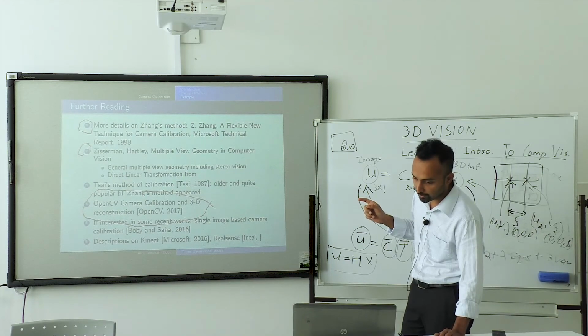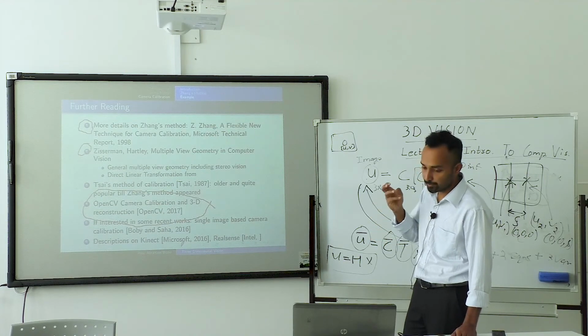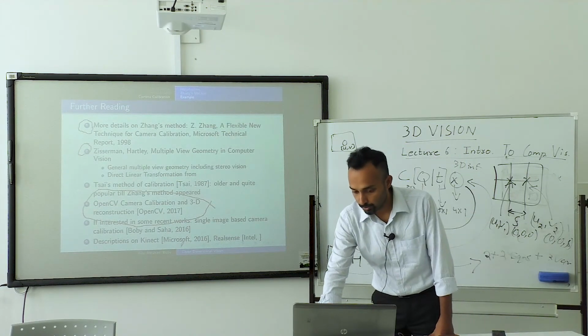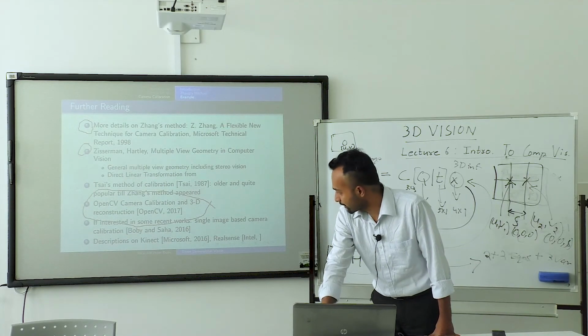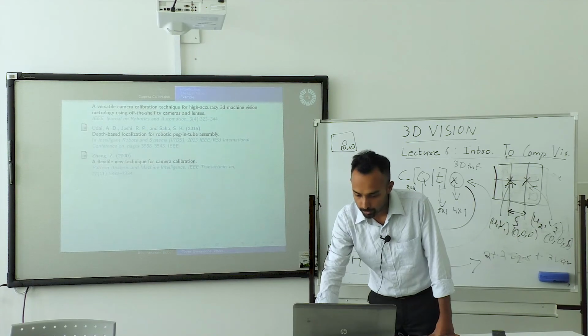These are available in our robotics laboratory. If you are able to learn more about them, they also apply basic concepts of computer vision to solve these problems. So these are the references, and you can go through them if required.